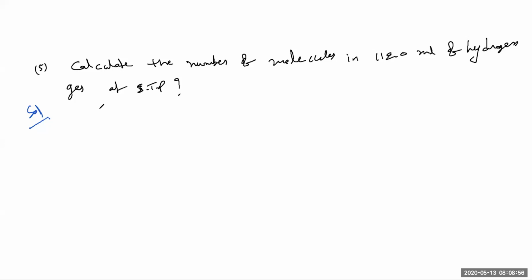Calculate the number of molecules in, okay. Simple. 1 mole means, what is the volume? 22,400 ml contains Avogadro number of molecules, right? 6.022 into 10 power 23 molecules, right?